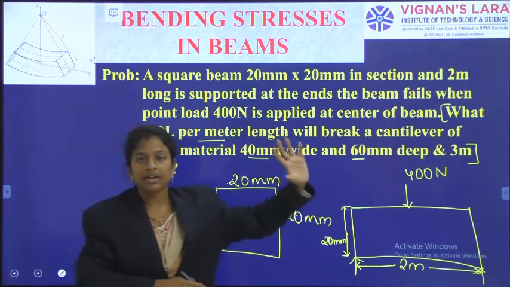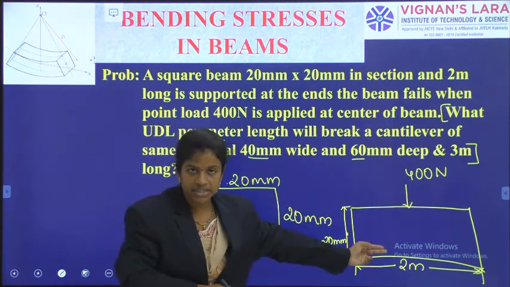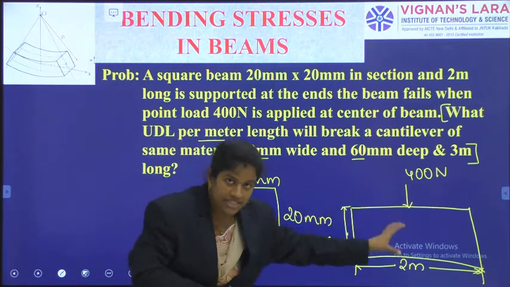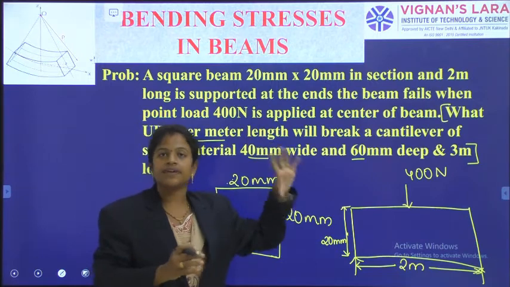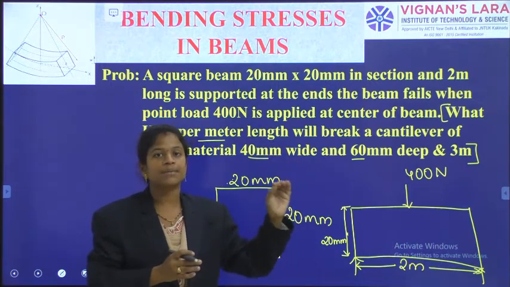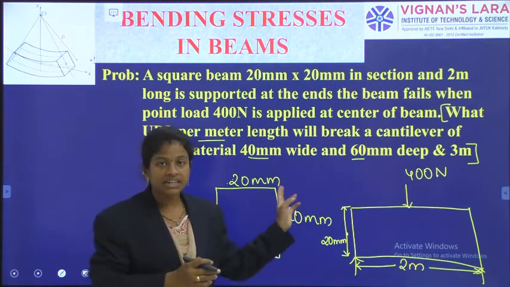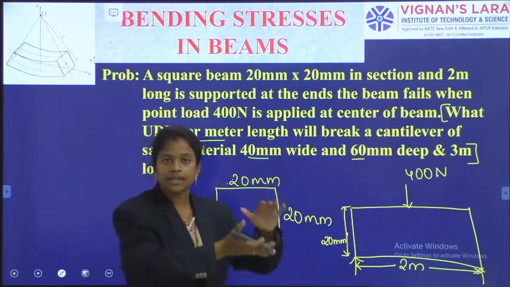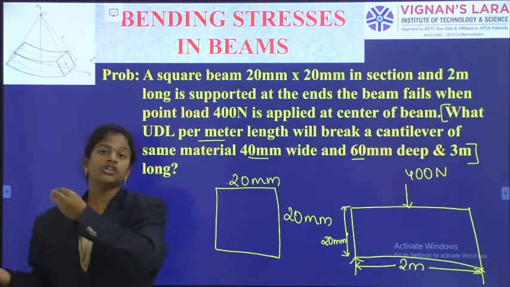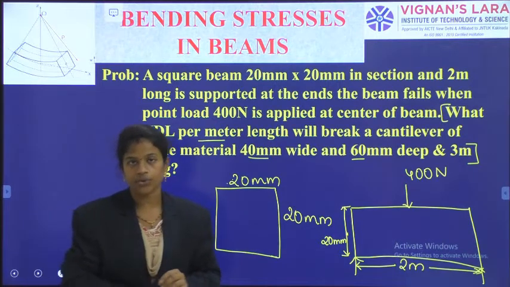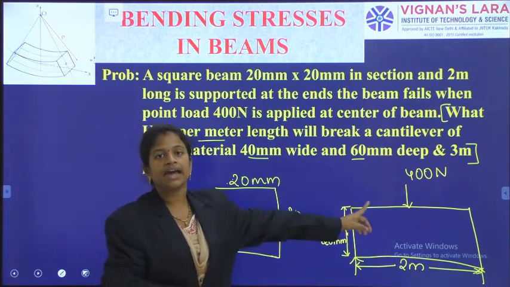So the material which I have used in the simply supported beam with a point load is used for the cantilever beam with UDL. From the first condition I have calculated the maximum bending stress the material's fiber had. So using that maximum bending stress, I am going for the calculation of how much load it can take in the form of UDL when I have made a cantilever beam.